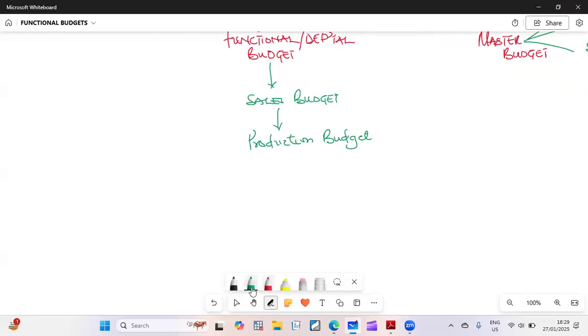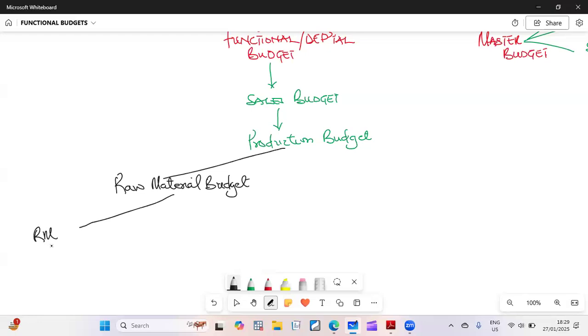And in production, you know the factors of production. So we will need a raw material budget. Now, in the raw material budget, we will need the raw materials required, or raw materials requirements budget.